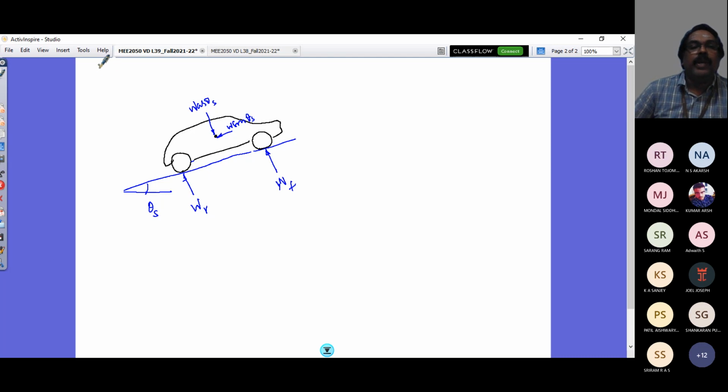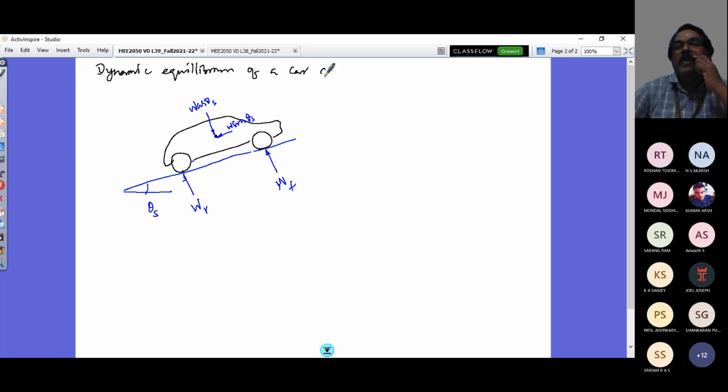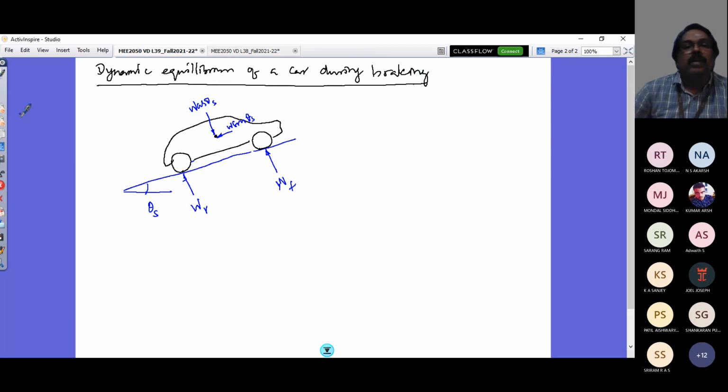So it is a free body diagram, or dynamic equilibrium, of a car during braking. This is what we are looking at.